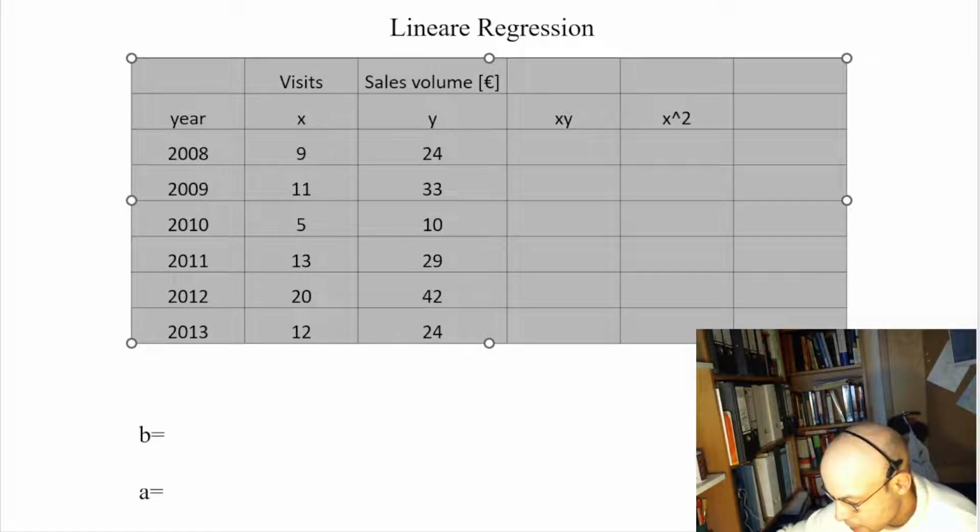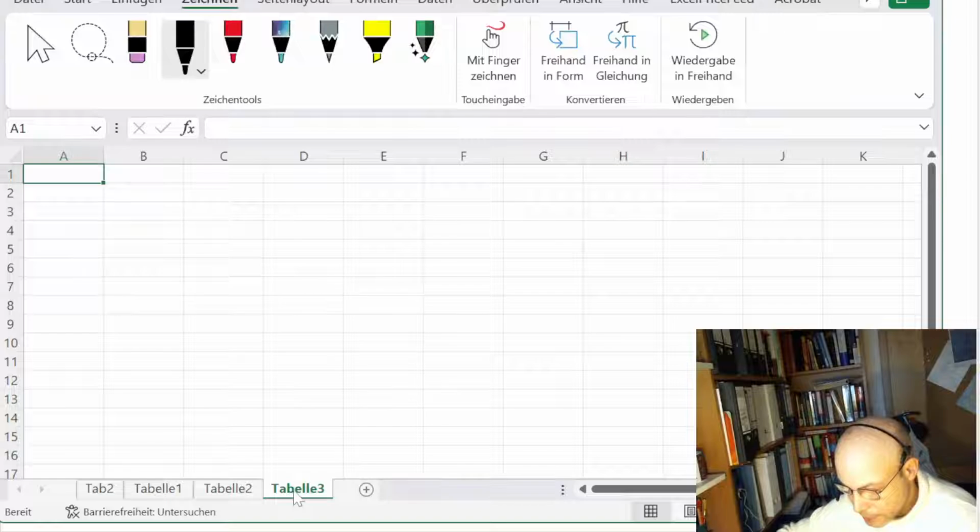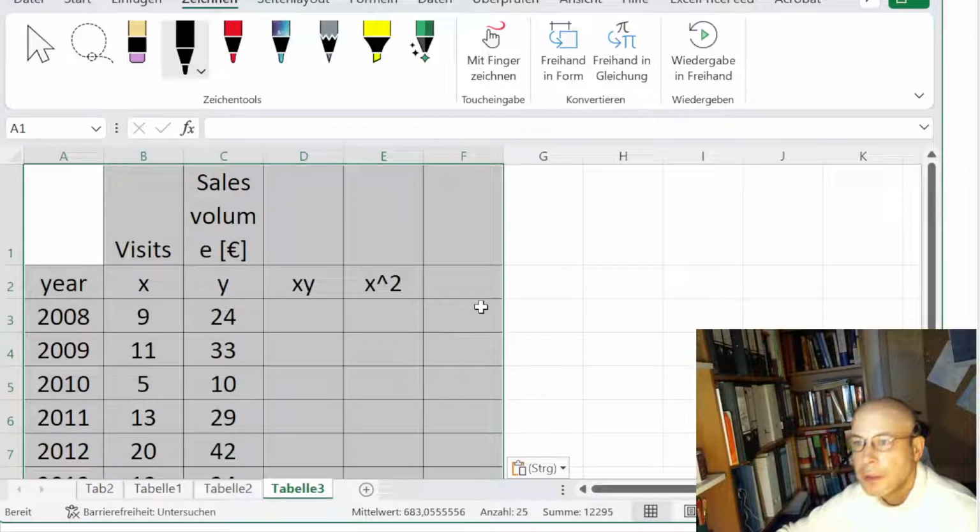Then let's take this data again. Put it in here.